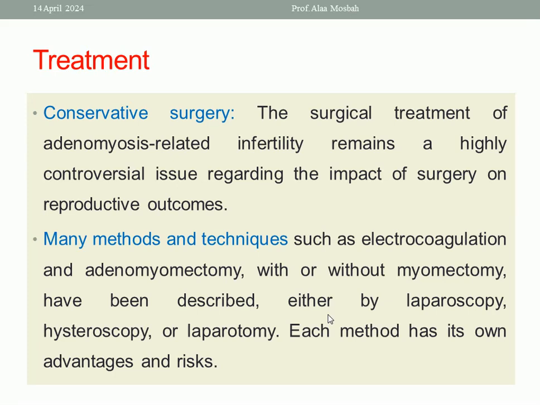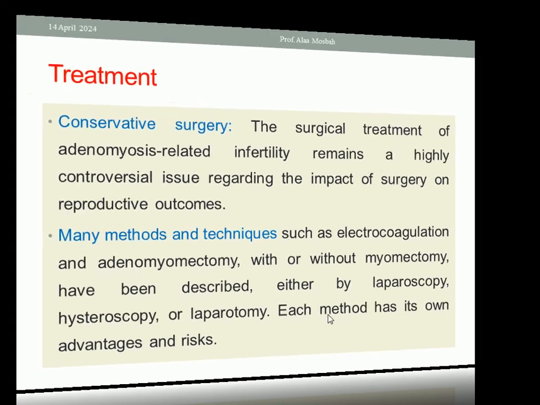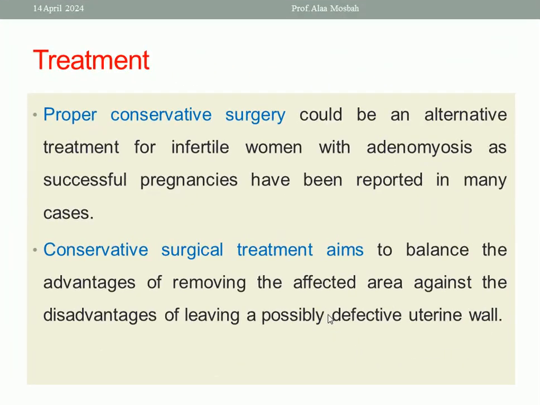Each method has its own advantages and risks. Proper conservative surgery could be an alternative treatment for infertile women with adenomyosis, as successful pregnancies have been reported in many cases.